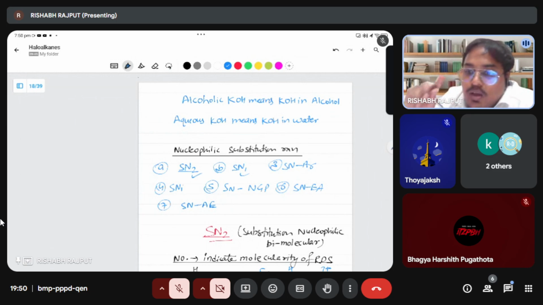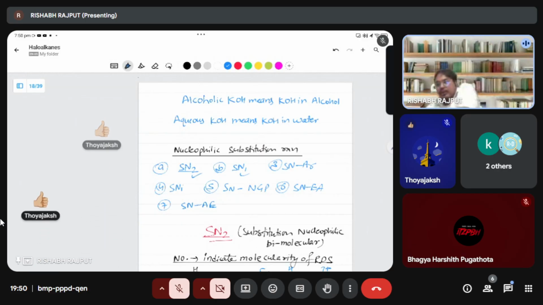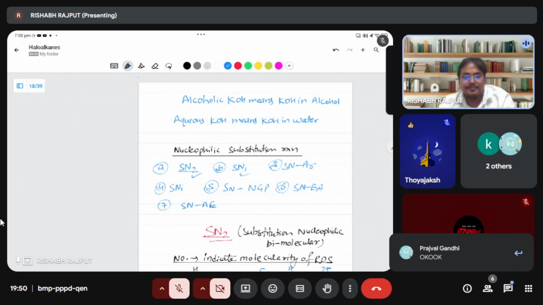SN1 means your molecularity is 1. So we have to discuss this in this haloalkane chapter. After I discuss these mechanisms, I will solve PYQs in front of you, because PYQs here depend on the mechanism also.